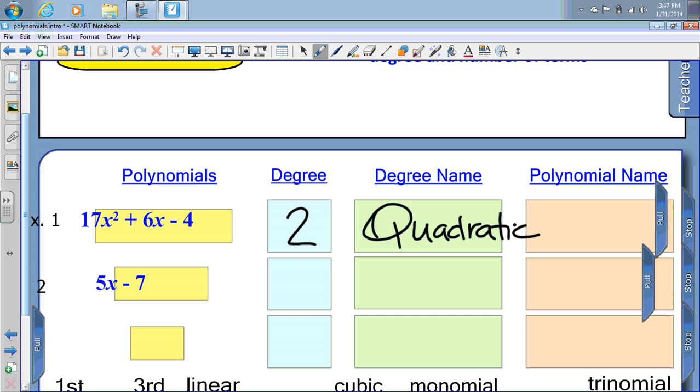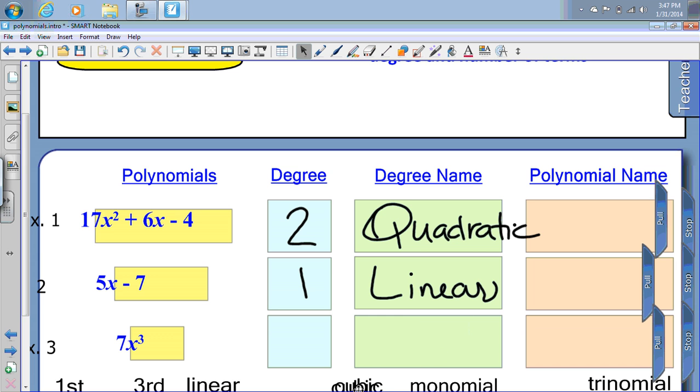It's a 1st degree, and it's linear. Okay? I think I'm supposed to be dragging these, but we're just dragging them. 3rd degree, which makes it cubic. And polynomial name, we should have done that, sorry.